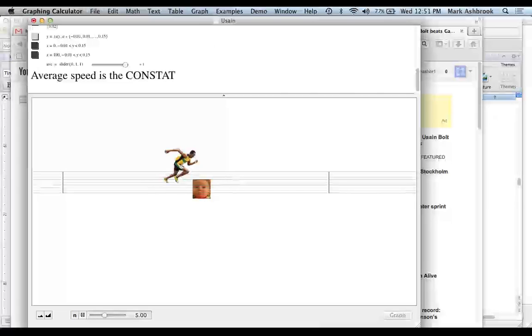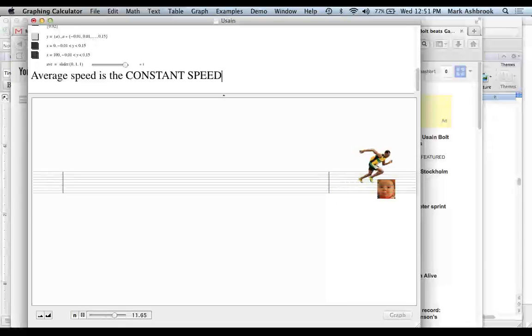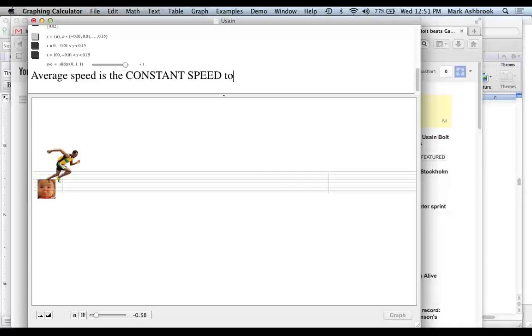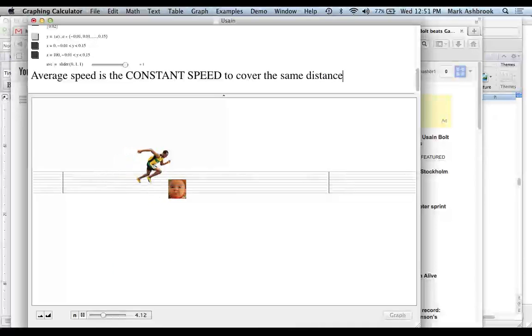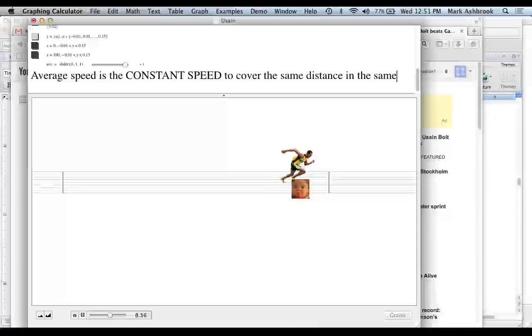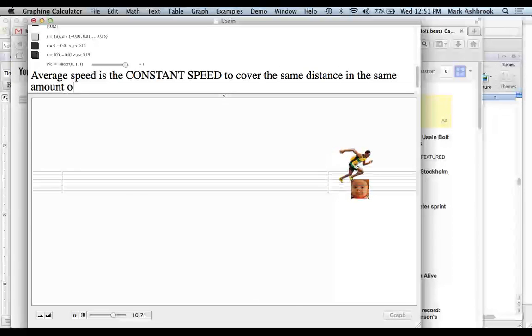Okay, can you just hold on 1 second? Just so it's not noisy and distracting. Average speed is the constant speed to do what? To cover what? Same distance in the same amount of time. That's what average speed is.